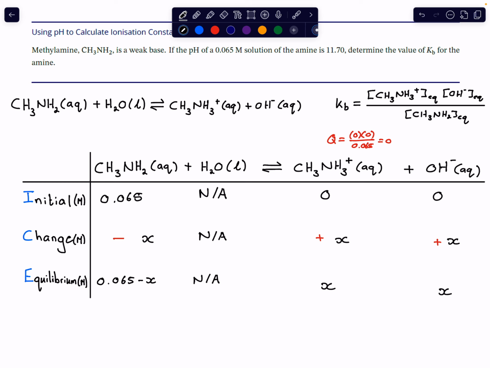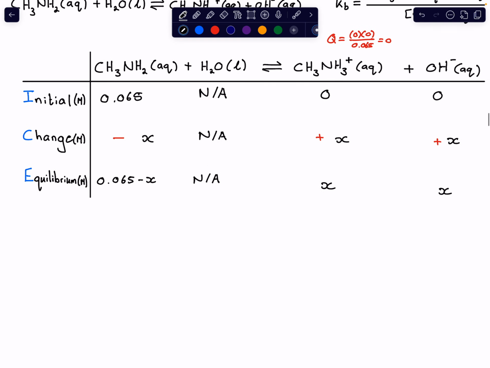And we have our equilibrium concentrations for our dissociation species, our ions, are X. So that means to calculate Kb, we can write it out.